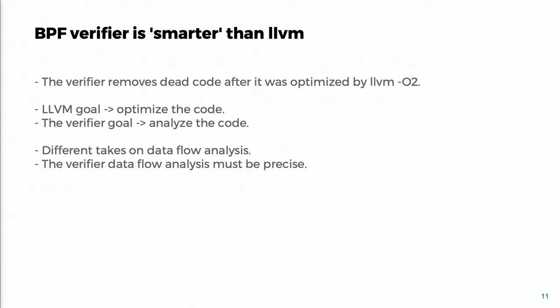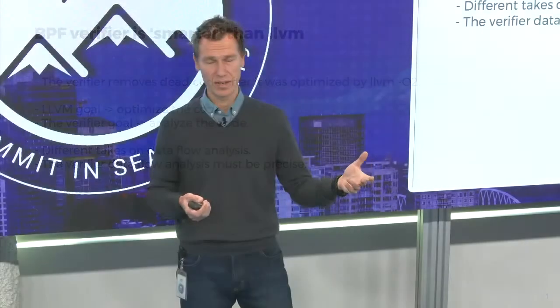For safety reasons, earlier this year, we had to introduce a dead code elimination pass to the verifier in the kernel. And while debugging it, I was amazed that with fully optimized LLVM code with -O2, even afterwards, the verifier was saying, no, these two instructions are dead. They're never going to be executed. And it just removes the code, removes the branches.